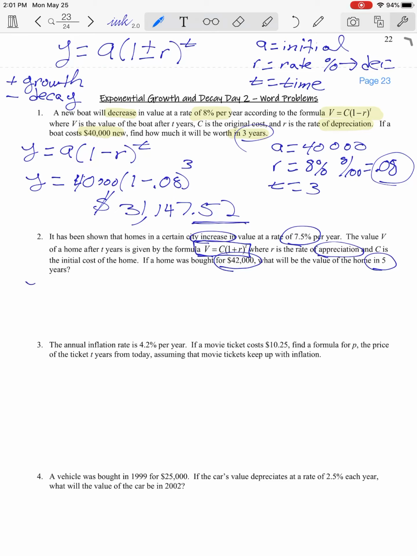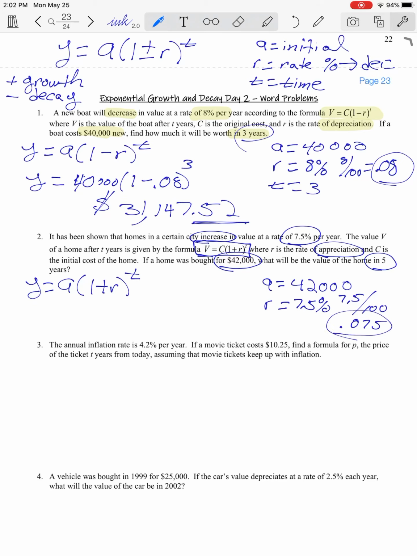So I know I'm going to use 1 plus r to the t. I know my initial value is 42,000. My rate is 7.5%. Divide 7.5 by 100 and I get 0.075. That's what I'm going to use for my rate. You must change it to a decimal. Time, 5 years.